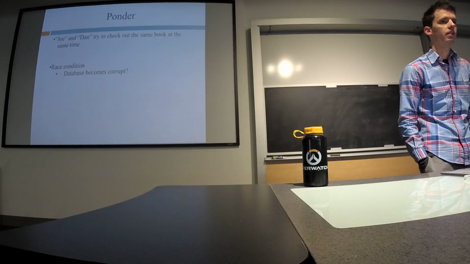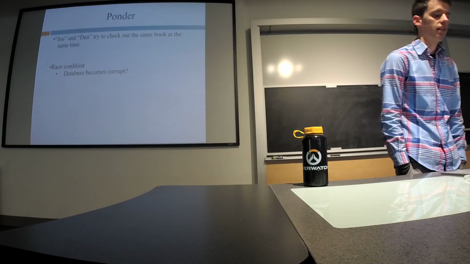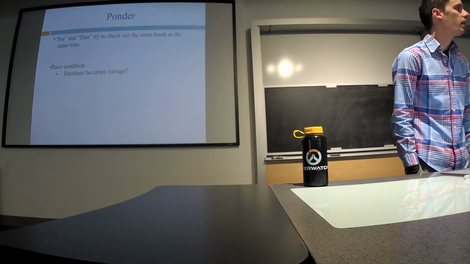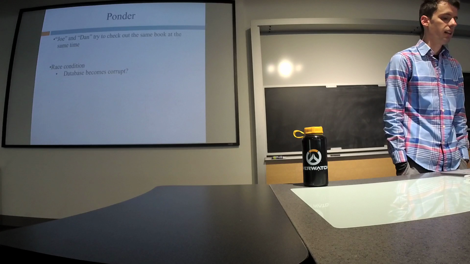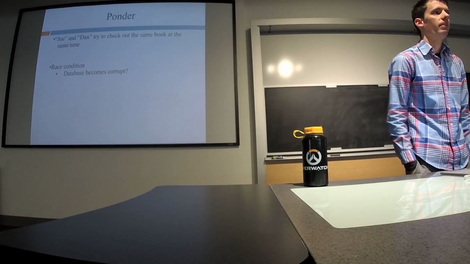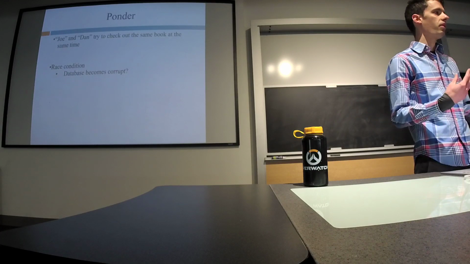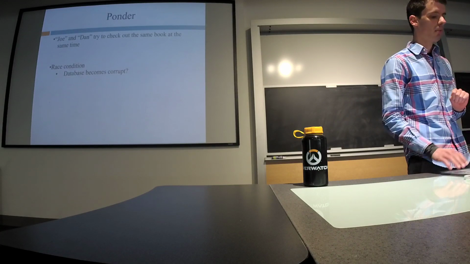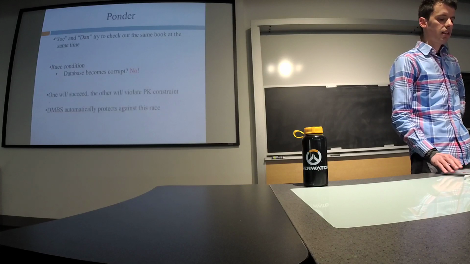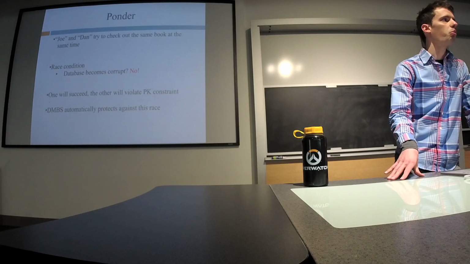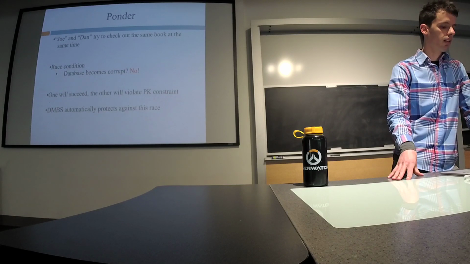So what happens? Does it insert two rows with the same primary key? Does one of them actually just corrupt the database because they're both doing some things to the internals of the database at the same time? Turns out the answer is no. The database system will automatically protect against this kind of race.